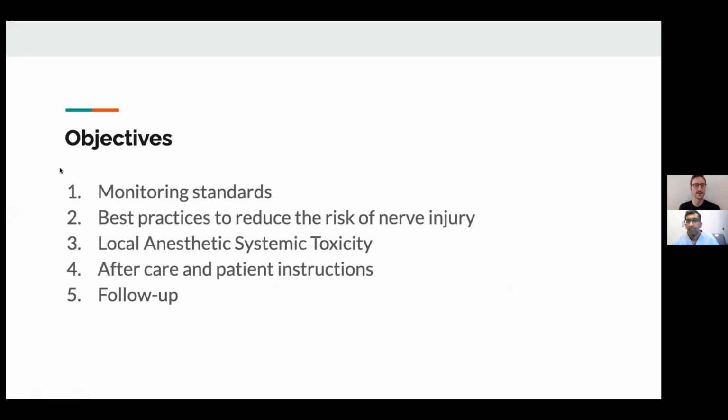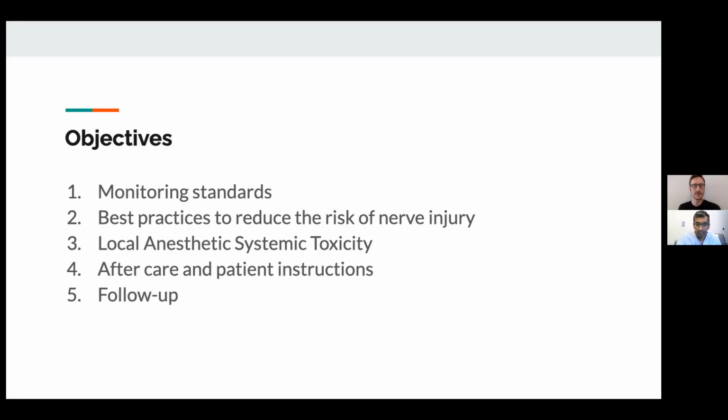The objectives for tonight. So I'd like to review what we do at St. Paul's, as well as what's accepted in the community broadly in terms of monitoring standards. Then I'd like to talk about a suite of things that we can incorporate into our regional anesthesia practice to reduce the risk of nerve injury. Then we'll review the topic of local anesthetic systemic toxicity.